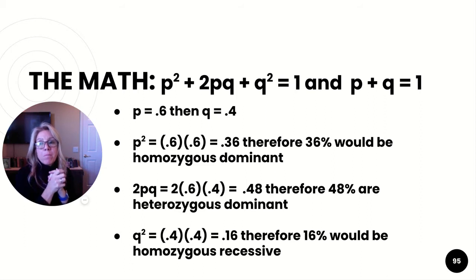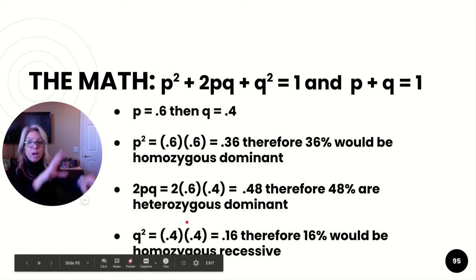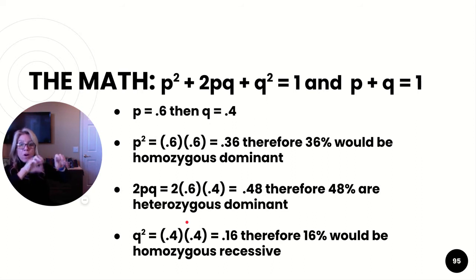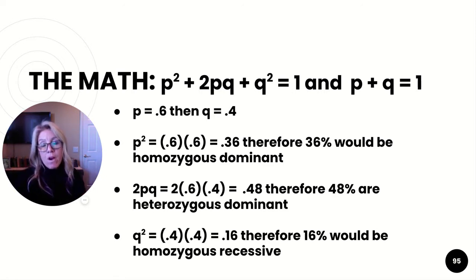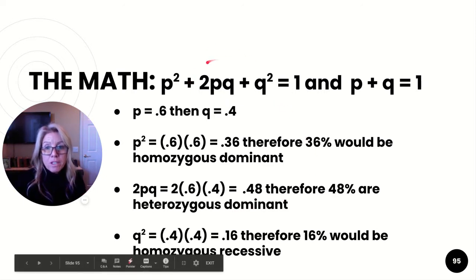I would predict in my population, if that's my gene pool, 0.6 and 0.4, 36% would be the homozygous dominant trait. Then I could pull out a 0.6 and 0.4, or I could pull out a 0.4 and a 0.6. That's how we say 2 times that. So 48% are heterozygous, or 2PQ. And then Q squared, that would be 0.4 times 0.4, or 16%. All right?